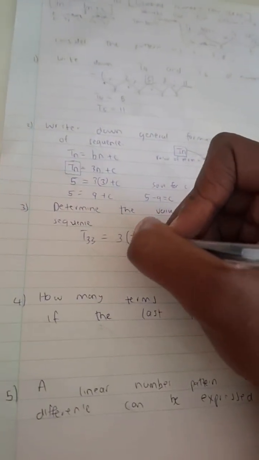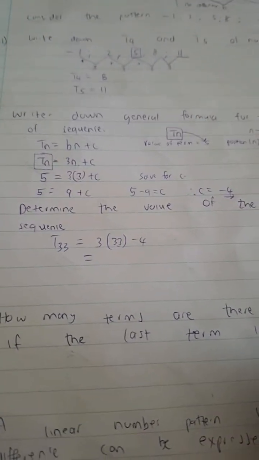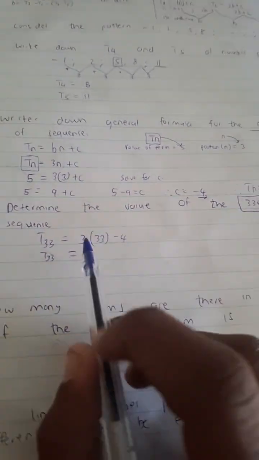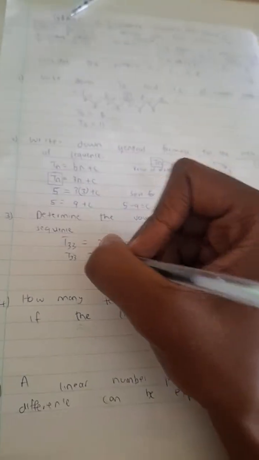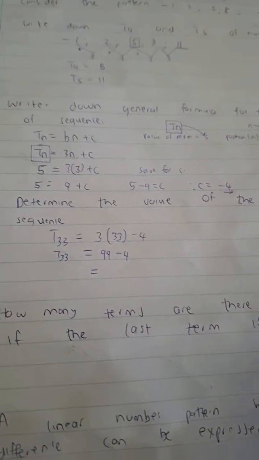T33 is equal to 3. In the place of n, because we said T33, we substitute 33 minus 4. Then we calculate 3 times 33. So what is the value of the term?